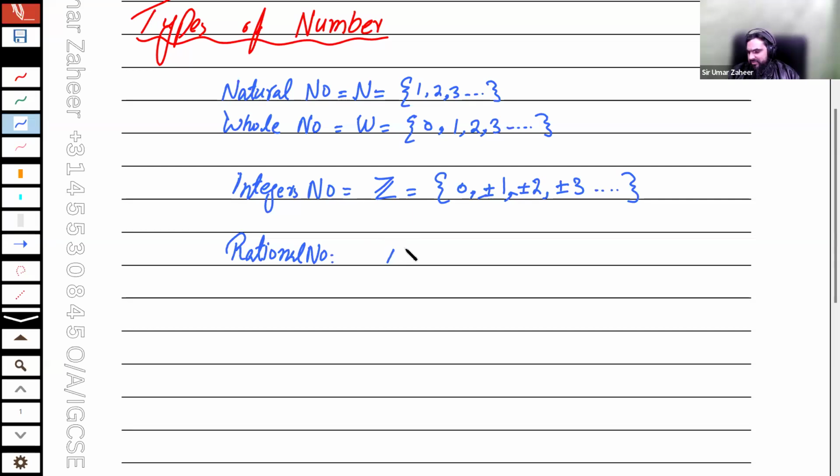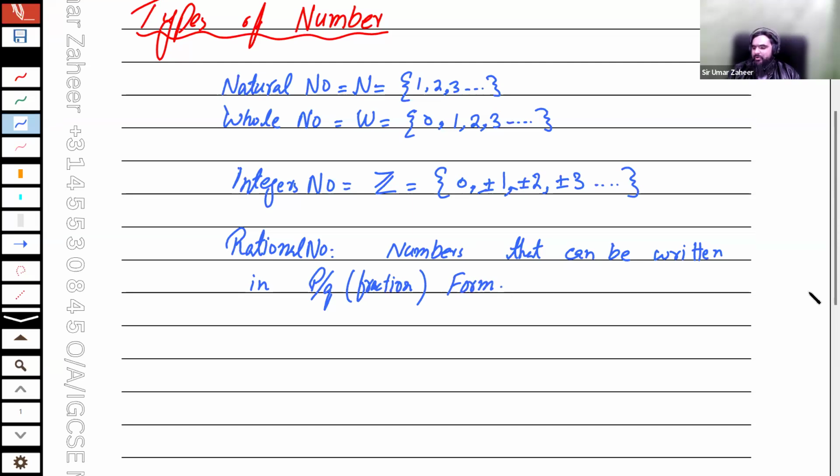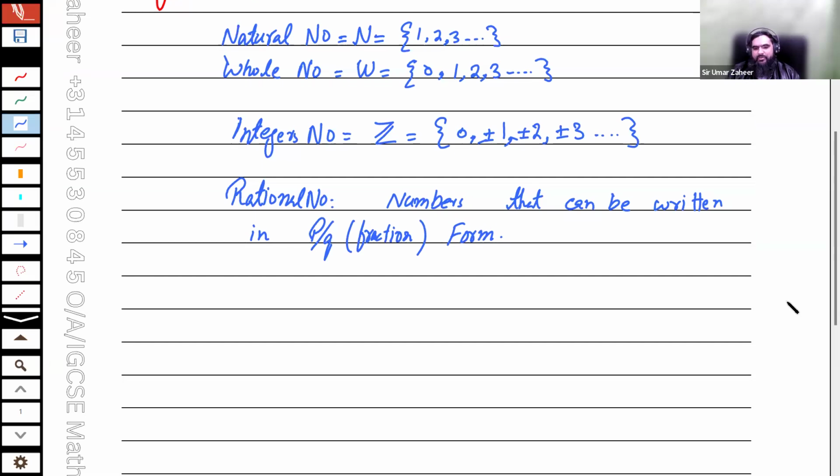In short, you can say numbers that can be written in P by Q, fraction form. These numbers are basically the rational numbers. So all those numbers that are able to be written in fractional form are rational numbers.